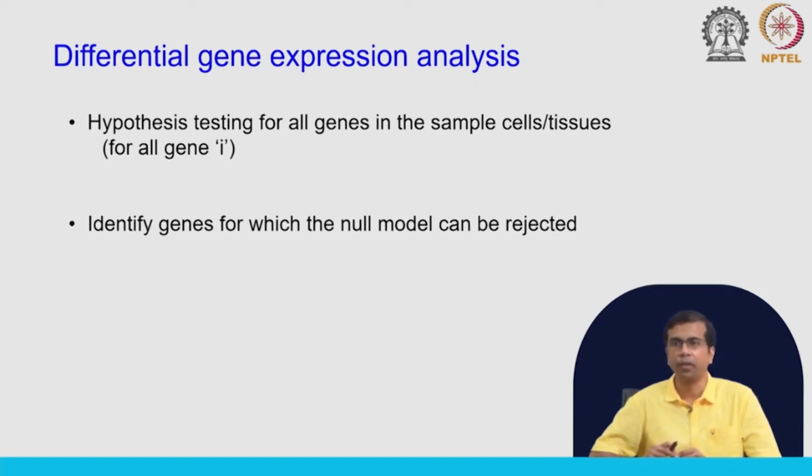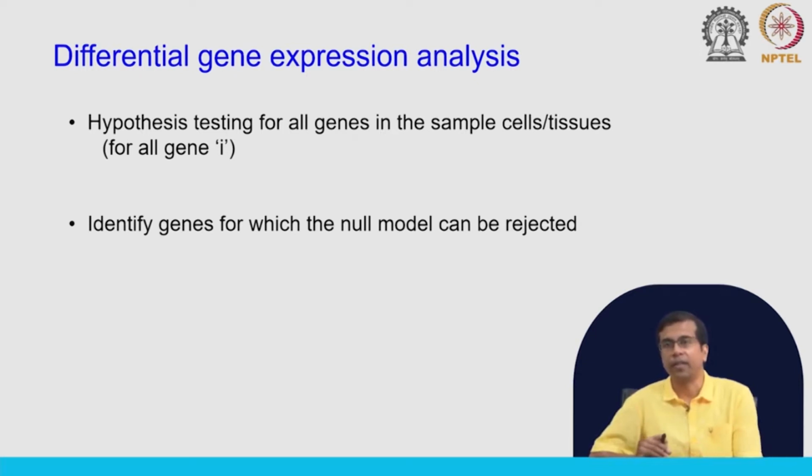When you do the hypothesis testing, we have a null model and also an alternative hypothesis. The null hypothesis is that there is no difference in expression of gene i between the samples. These samples could be disease versus healthy, or control versus treatment, etc. Based on this hypothesis testing we get the statistical significance, the p value, and based on that p value we can decide for which genes we can reject the null hypothesis.